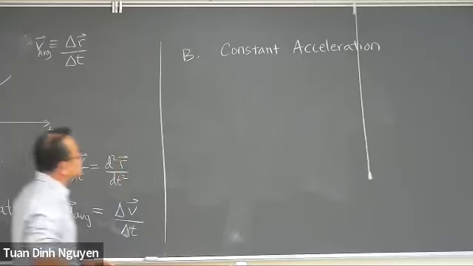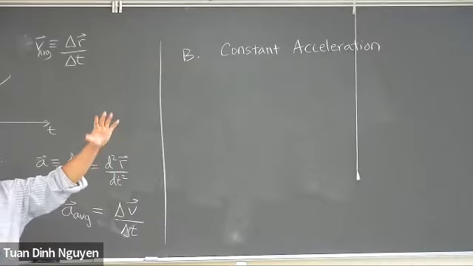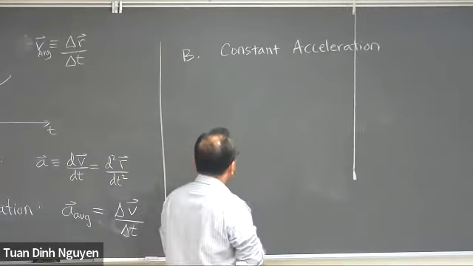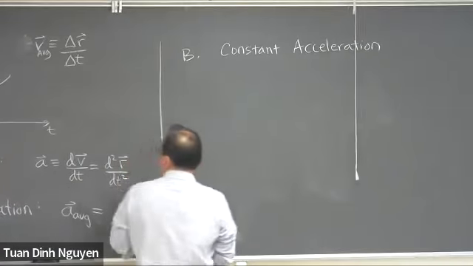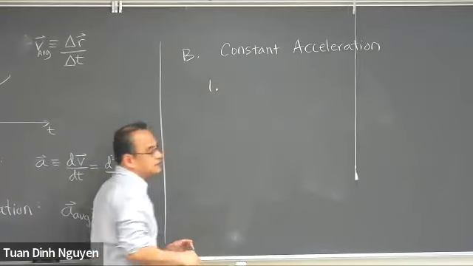Only when you know it's constant, and sometimes we can say, hey, this part is constant, but then it changes. So we can treat this one segment to be constant. And then we derive the three equations of constant acceleration.